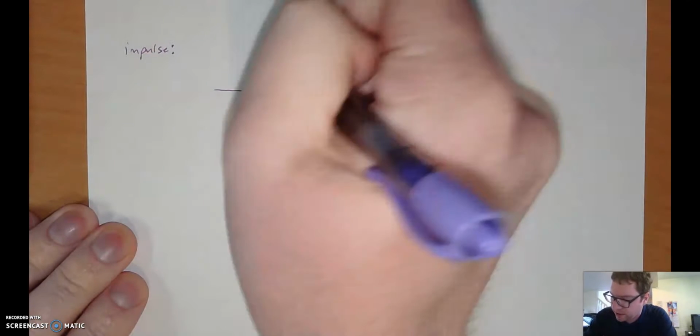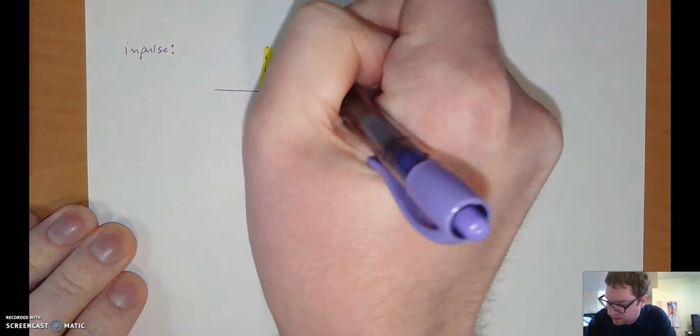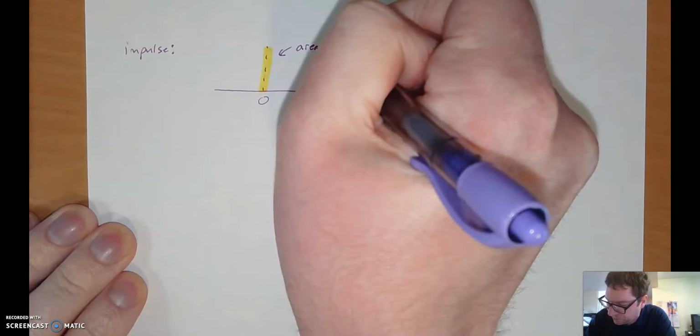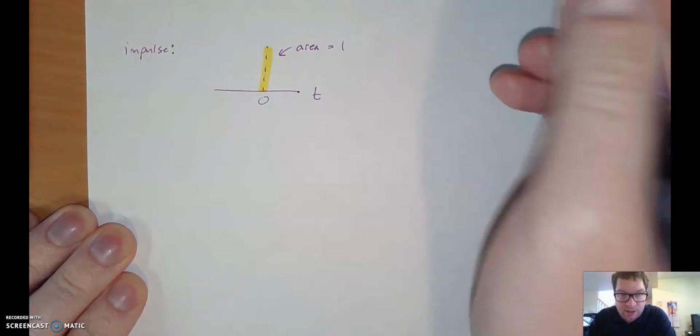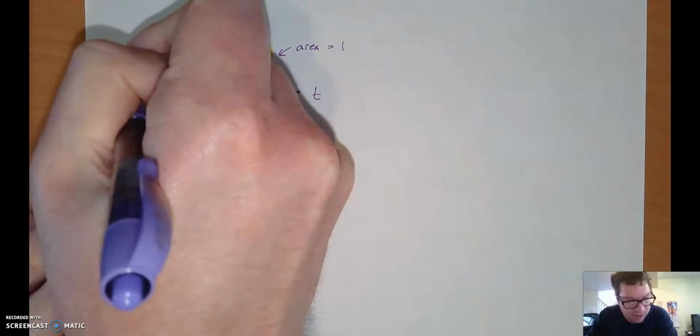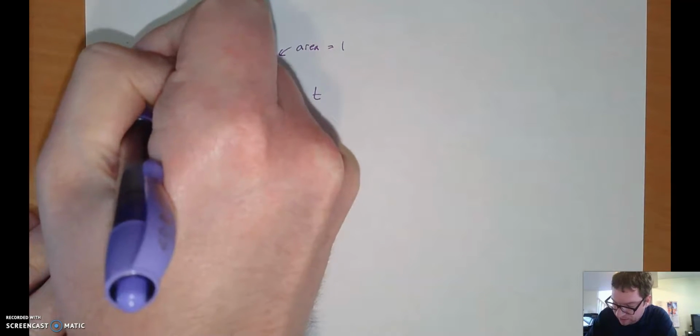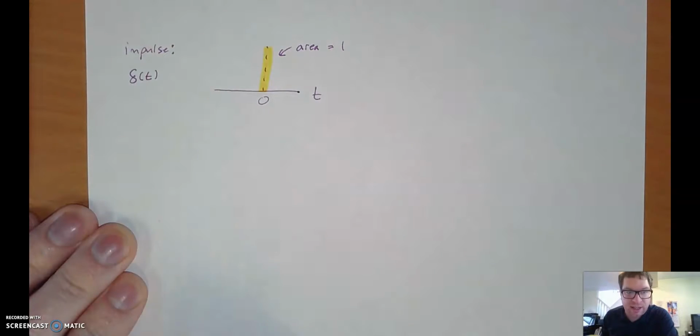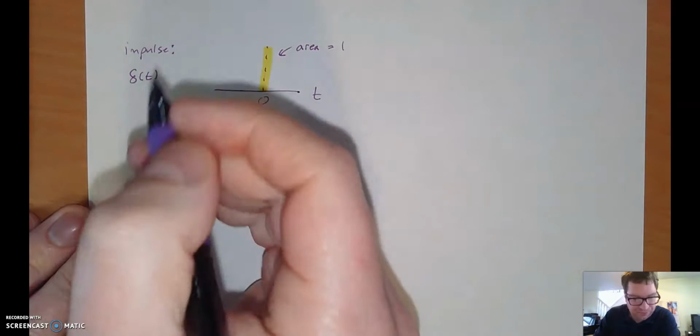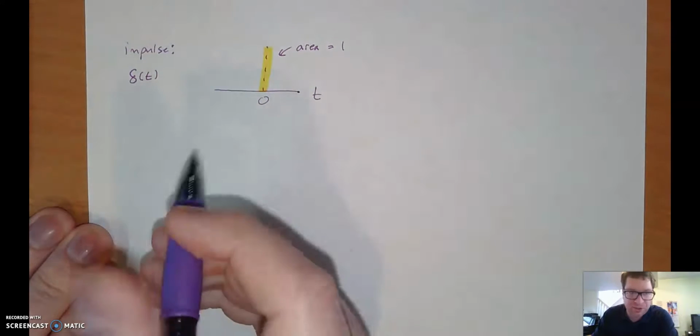But the important characteristic of a unit impulse is that it has an area equal to 1. So the impulse function looks something like an 8, but missing that last little chunk. This is also called the delta function.